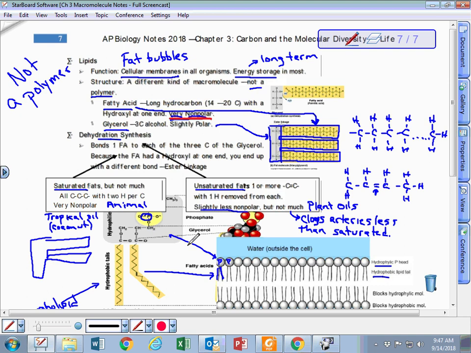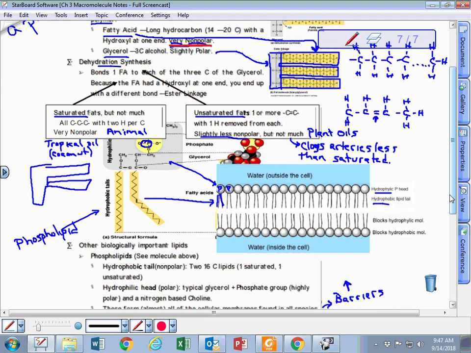That means what we tend to use these things for is either storing energy because of how big they are, but the one that we're going to talk about the most is this. This is your cell membrane.